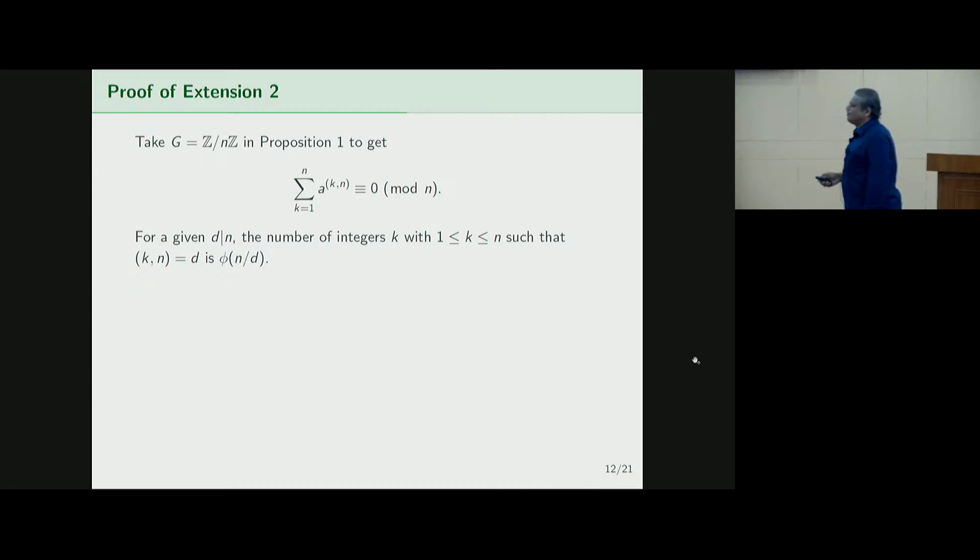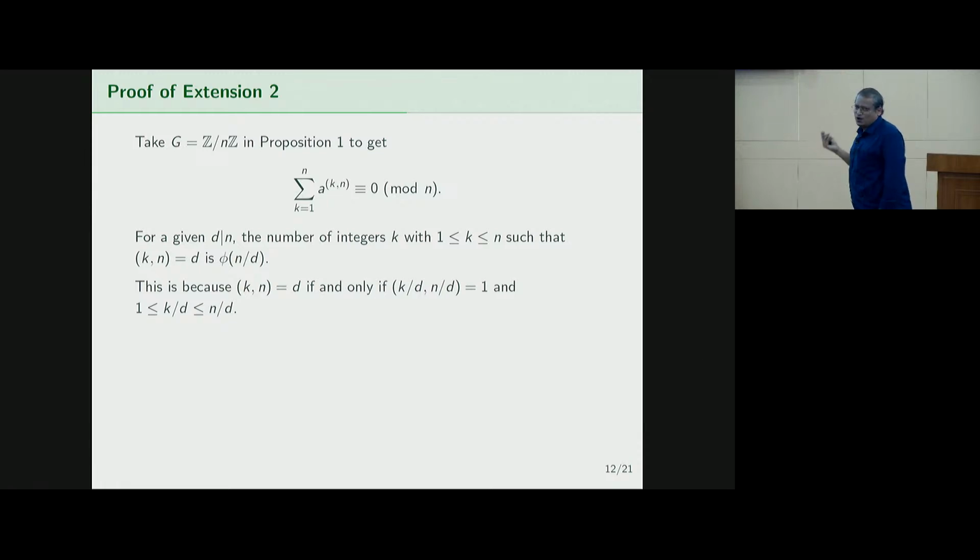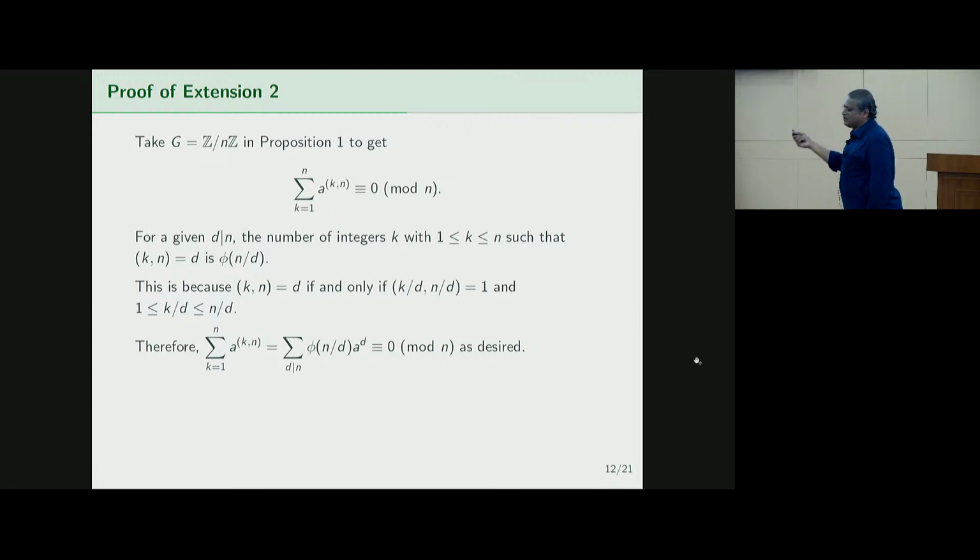That is precisely phi of n by d, because the GCD of k comma n is d if and only if the GCD of k by d comma n by d is 1. So this is precisely this many numbers. Therefore, by adjusting the like terms, this congruence will come.